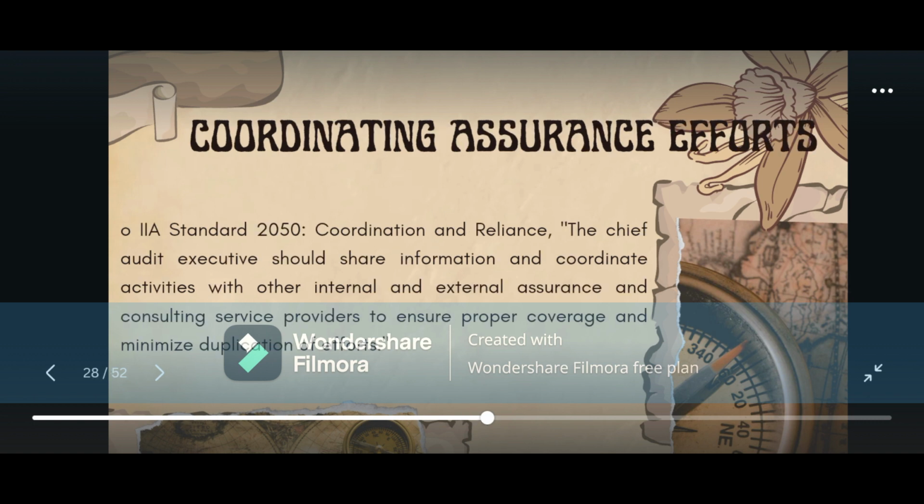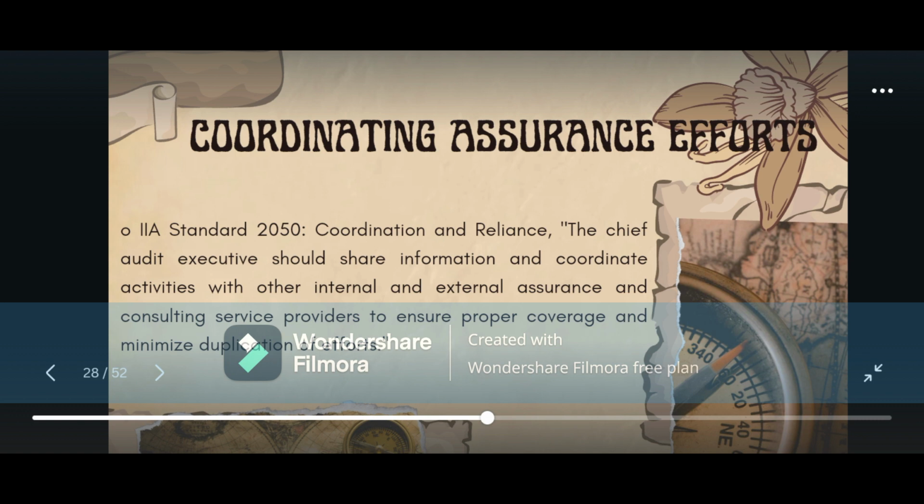So, coordinating assurance efforts. IIA Standard 2050 Coordination and Reliance. The Chief Audit Executive should share information and coordinate activities with other internal and external assurance and consulting services providers to ensure proper coverage and minimize duplication of efforts.